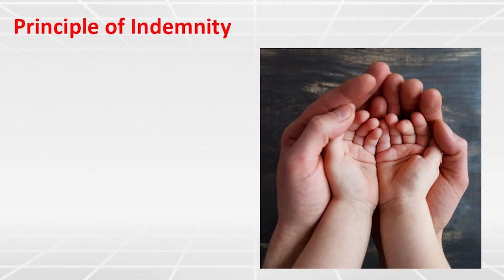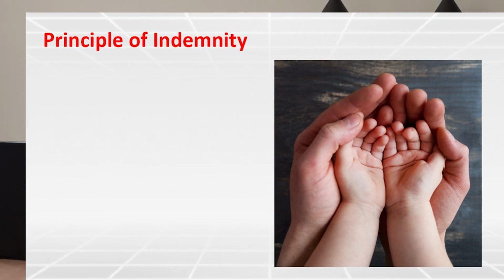The next principle we are going to see is the principle of indemnity. To say in simple terms, following a loss, the insurance company will put the insured exactly in the same position as he was just a moment before the loss happened.